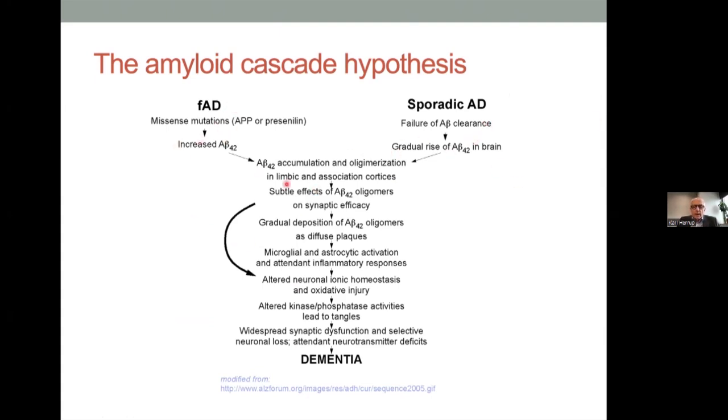So whether in familial AD or sporadic AD, that small A-beta peptide accumulates and begins to aggregate. The aggregates create an astrocytic and microglial response. There's a loss of ionic homeostasis and kinases unchained, leading to tau phosphorylation and tangles, widespread synaptic dysfunction and dementia.